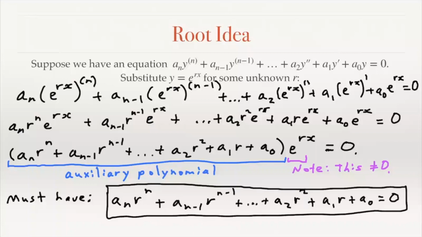In fact, one can do this in reverse, beginning from this being true and going up a step, up a step, up a step, and getting that if r satisfies this auxiliary polynomial, then e^(rx) is a solution to the differential equation.